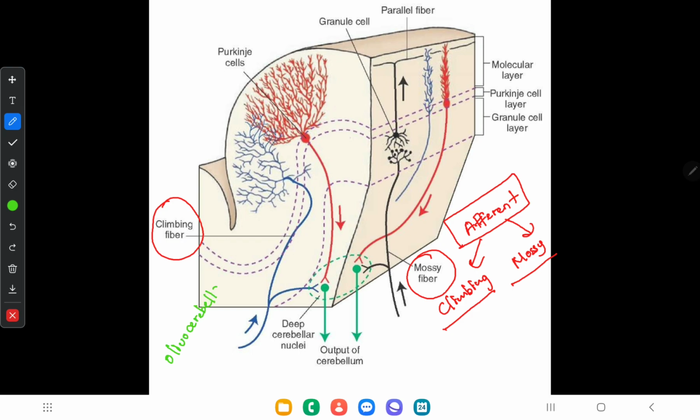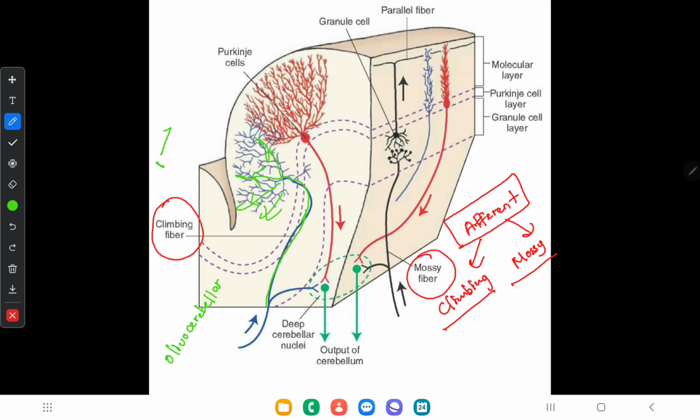Olivocerebellar tracts pass through the granular layer of the cortex and terminate in the molecular layer by dividing repeatedly. You can see in this picture.